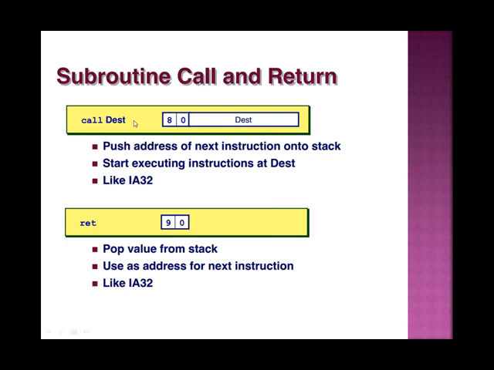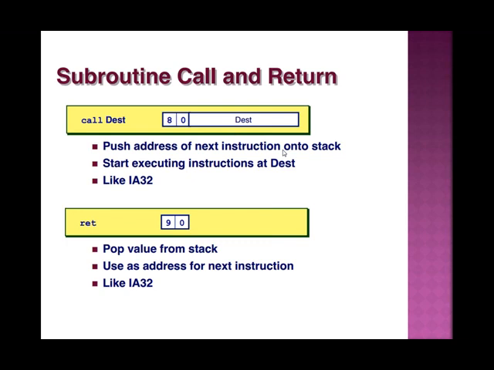This says call the destination. Call the destination is used for subroutine calling. It pushes the address of the next instruction onto the stack. Why the next instruction? Because I am using the subroutine, that is the next instruction. So push the address of the next instruction onto the stack for inserting the values.